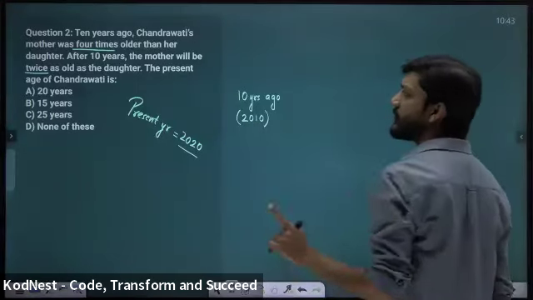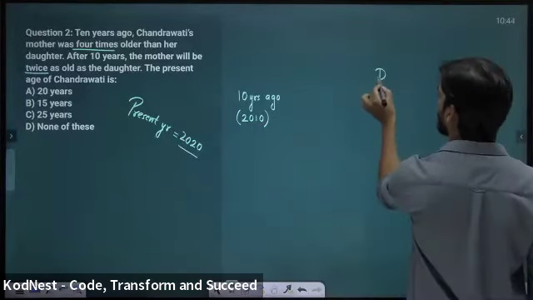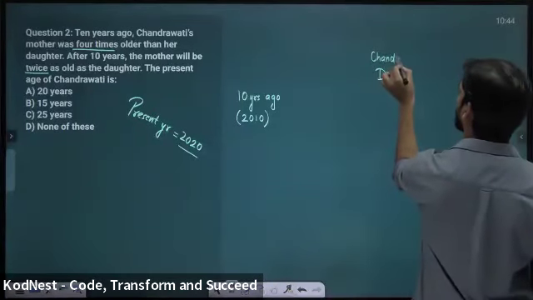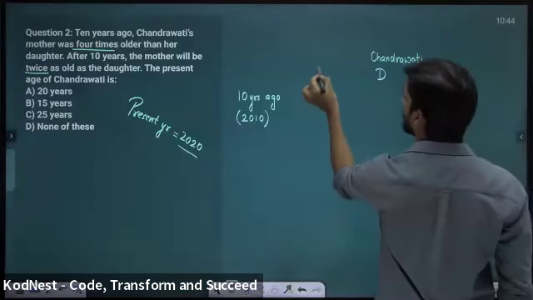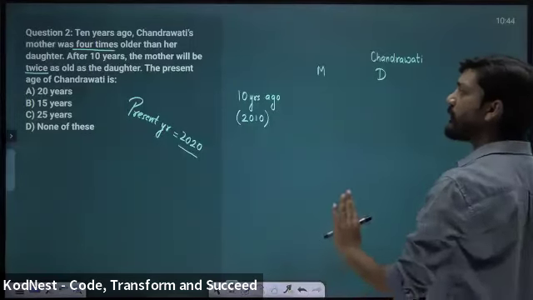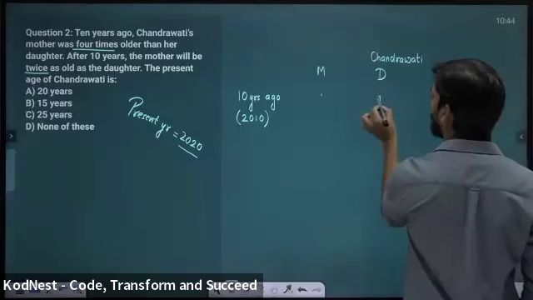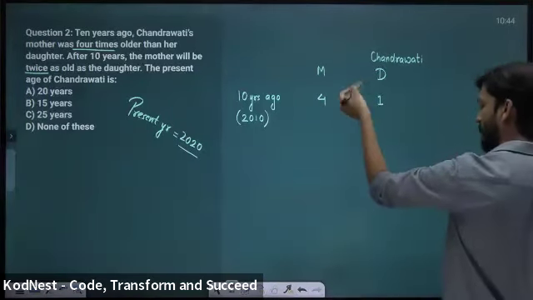So 10 years ago, Chandravati's mother. Chandravati is daughter, and mother. So Chandravati's mother was 4 times older than her daughter. Okay, 4 times older. That means if daughter was 1 year, mother was 4 years.